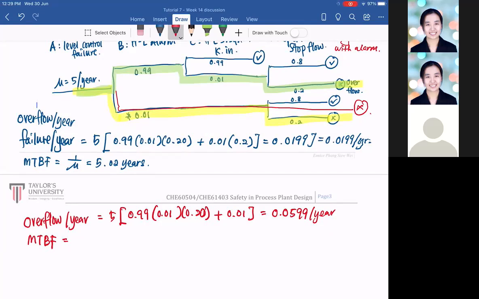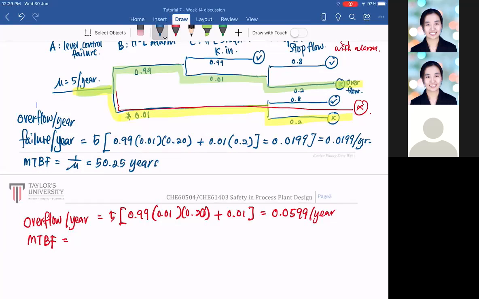Sorry, this is not 5 years, I forgot the zero. This is 50.25. So every 50 years, it will have one overflow with this system setup.